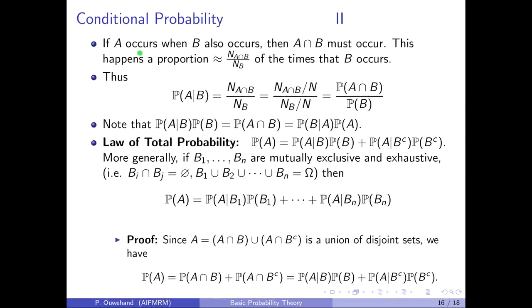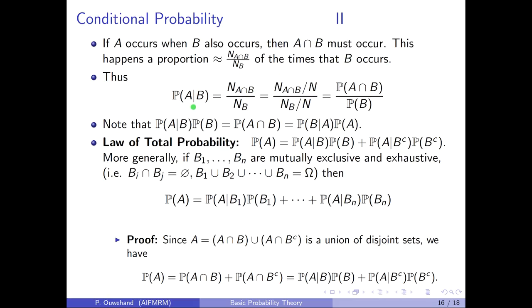Well, if A occurs when B also occurs, then the event A intersection B must occur, because both A and B occur. This will happen a proportion N sub A intersection B divided by N sub B of the many times that B occurs.